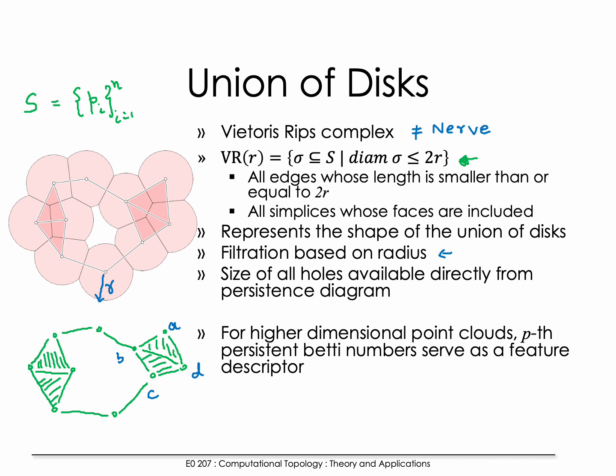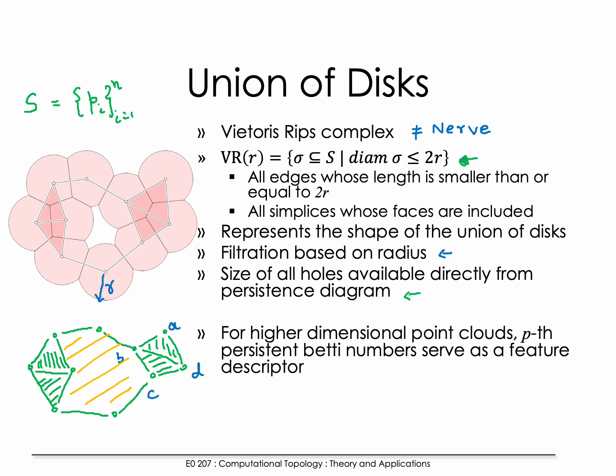For example, the hole that you see right here in the middle will also be captured as a pair: an edge that created the cycle and a triangle that eventually filled this cycle. That pair in the persistence diagram will capture this large hole, and the persistence of that pair will tell us the size of this hole. So the size of all the holes is captured really well with the persistence diagram.